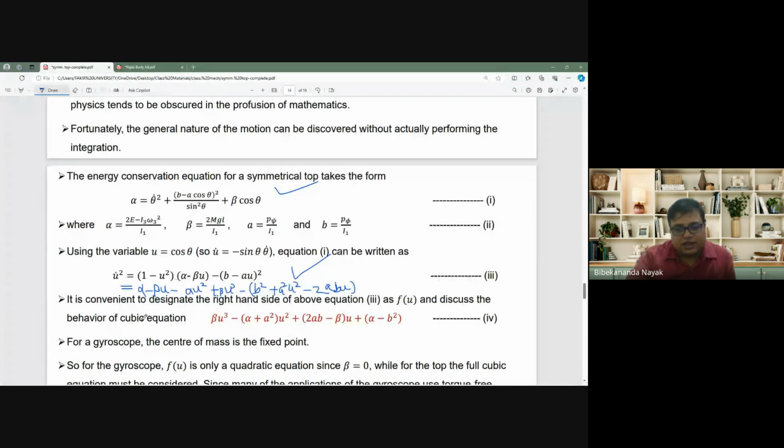So finally you got this: the highest term is beta u cube, u square has minus alpha minus a square, u has minus beta plus 2ab, and the constant is alpha minus b square.